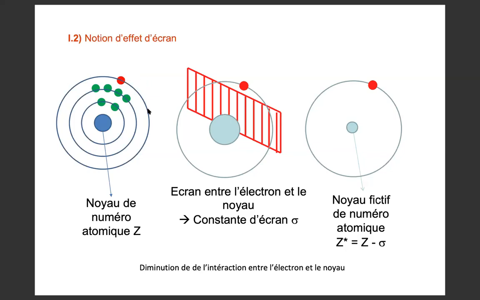So there is an energy we're going to calculate to see if it is going to be overcome by the atom. If it is, it means there is going to be a removal of an electron.